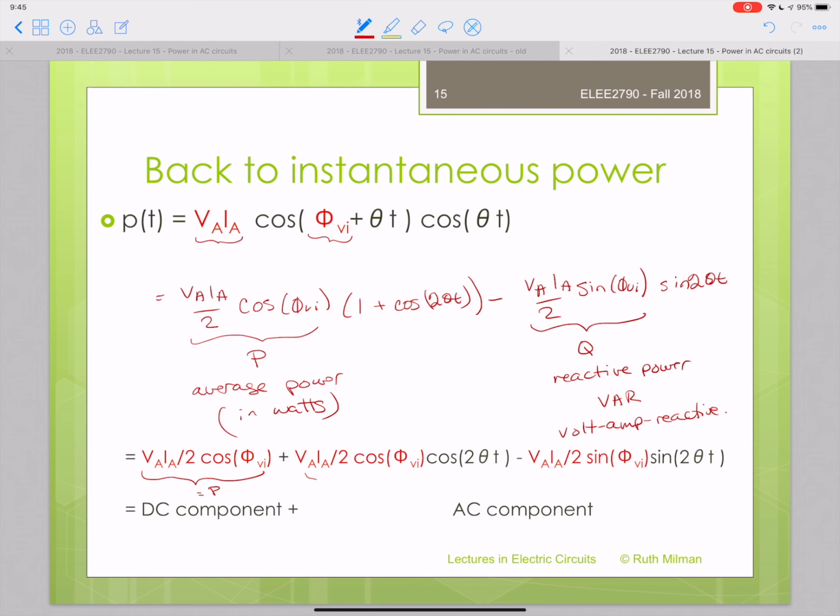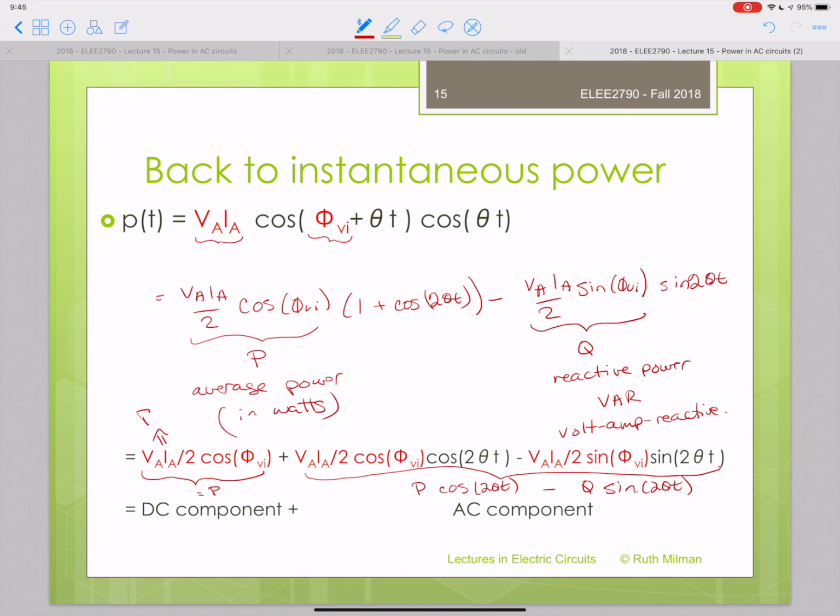And if you clump the other two terms, you have P times your cosine of 2 theta t minus Q times your sine of 2 theta t, and those two terms form an AC component because they are always cyclical, and the average of those two terms is equal to 0.